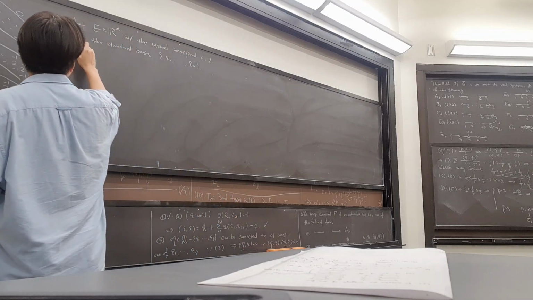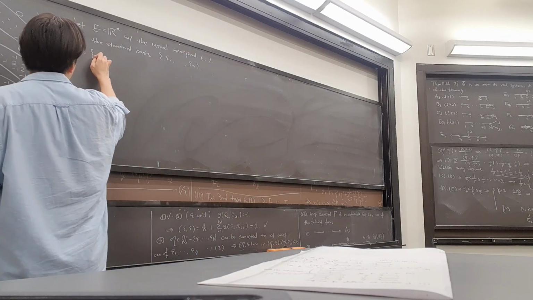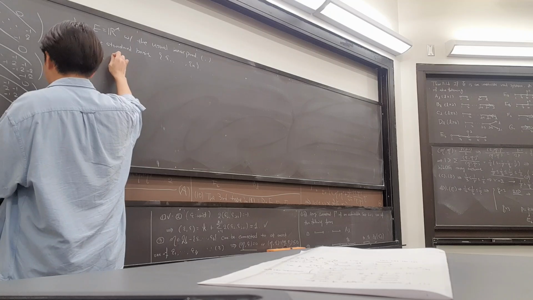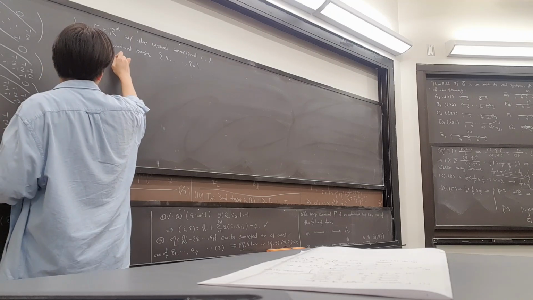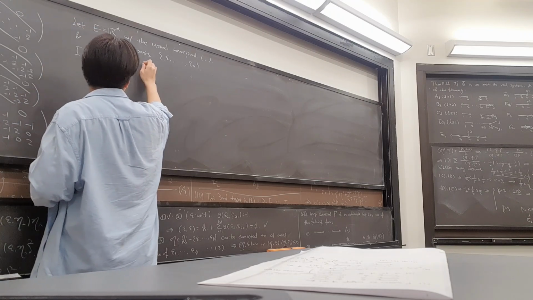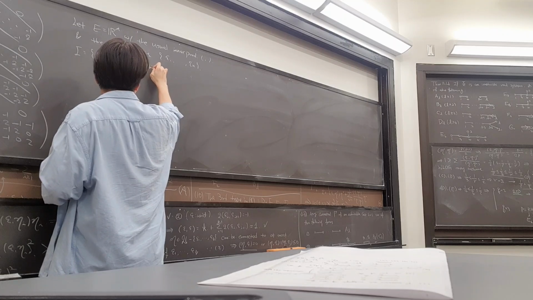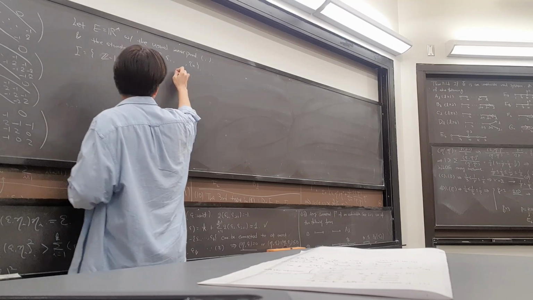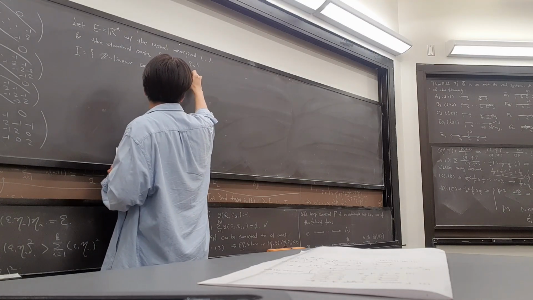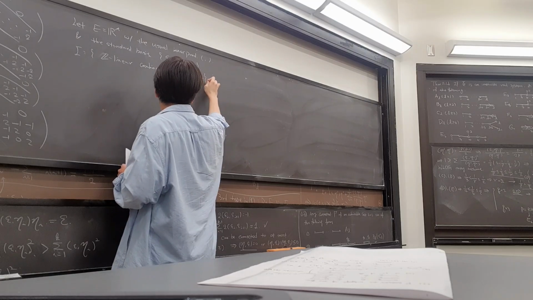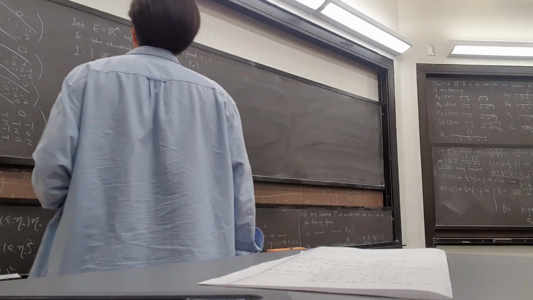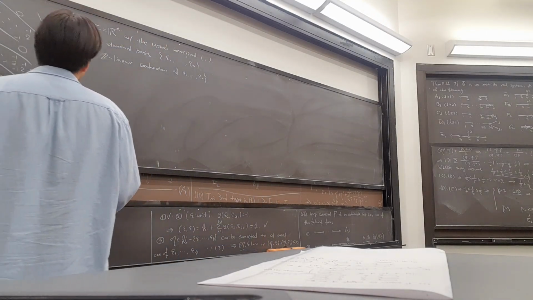And then define I as the integer linear combinations of epsilon 1 to epsilon n. And this is called a lattice, right?